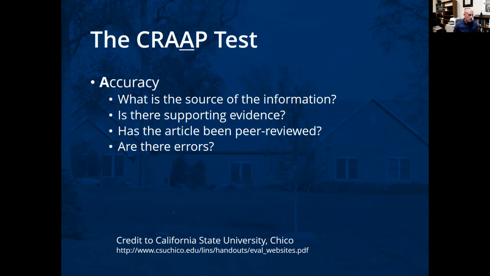Accuracy: what is the source of the information? Is there supporting evidence? Has the article been peer-reviewed? Are there errors? That's one thing I do like to mention. I normally mention it on the slide on peer review, but when you are in the ATLA religion database, one of the filters you can use to limit your results is a peer review limiter, which reduces a search down to only those resources that have been through the peer review process.